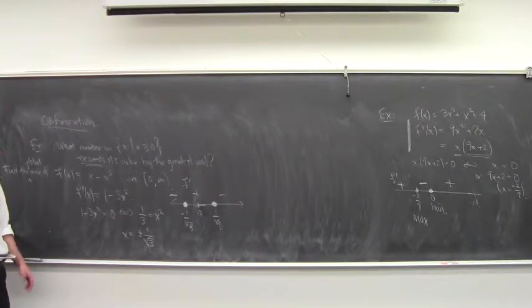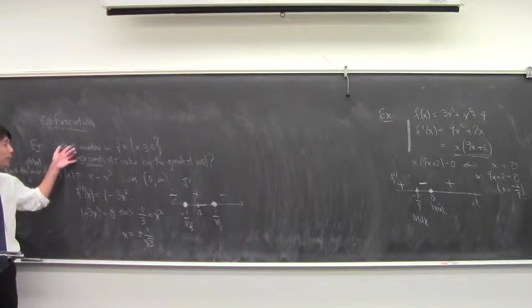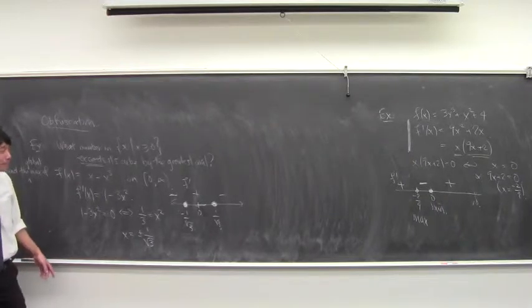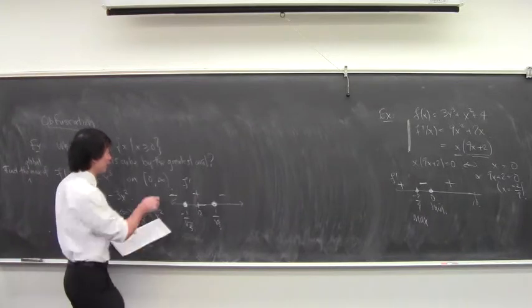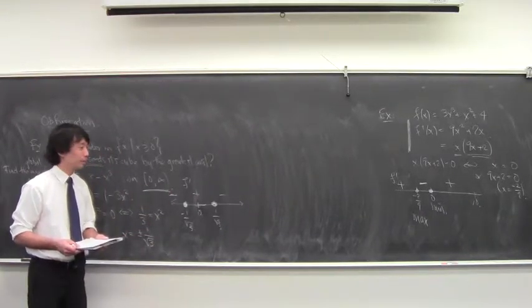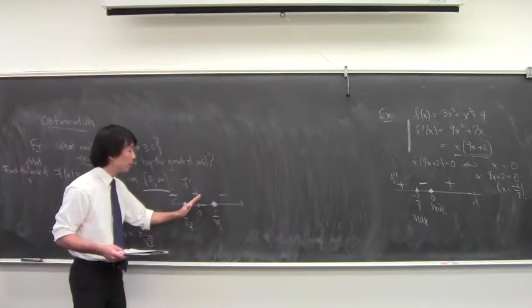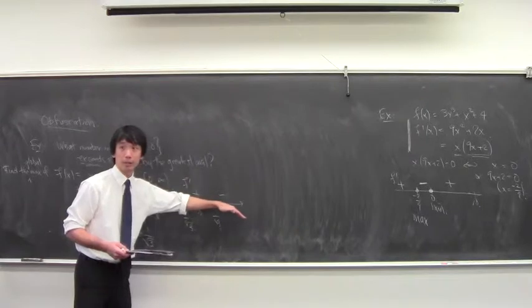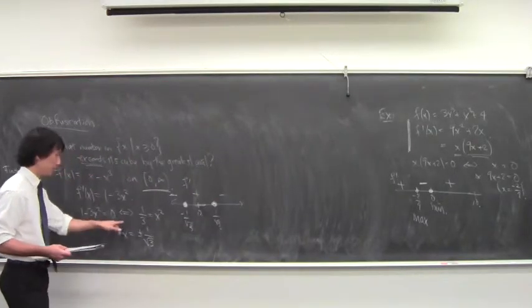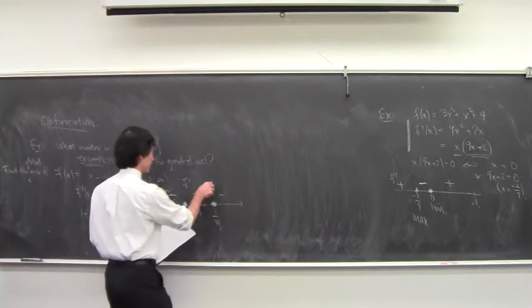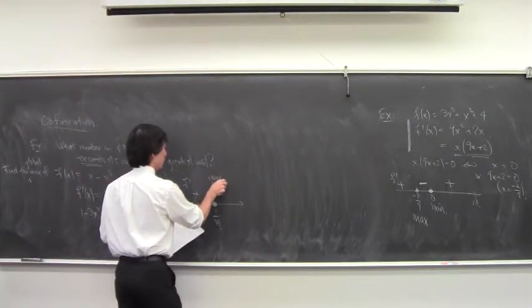Okay, so what's the answer? What number exceeds its cube by the greatest amount? Negative... Sorry? Positive, in 0 to infinity? This guy, because you see that the function is increasing and then decreasing, so this thing attains a max here.